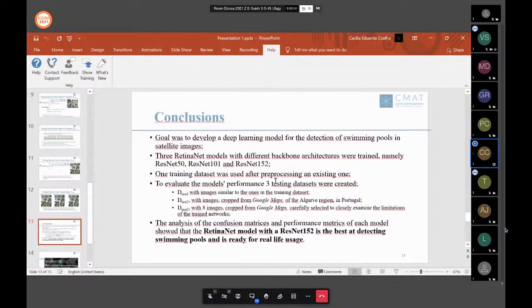One training dataset was used after preprocessing an existing one. To evaluate the model's performance, 3 testing datasets were created, one more difficult than the other. And the results showed that the RetinaNet model with the ResNet 152 is the best at detecting swimming pools in satellite images and is ready for real-life usage.